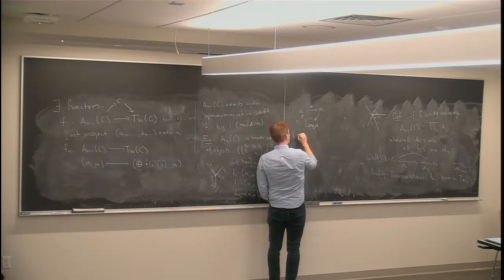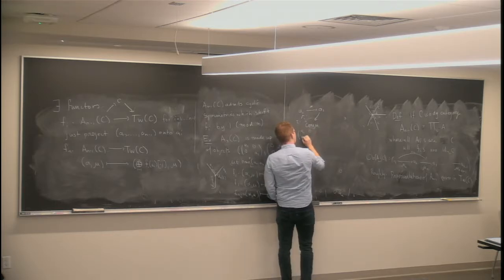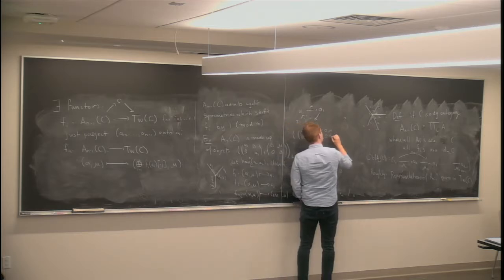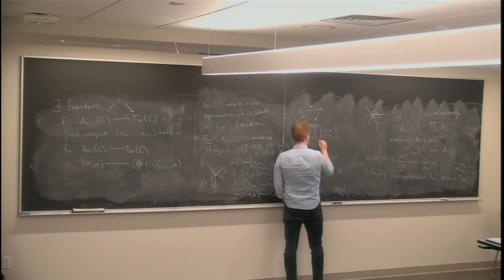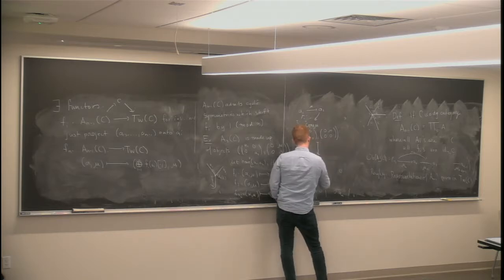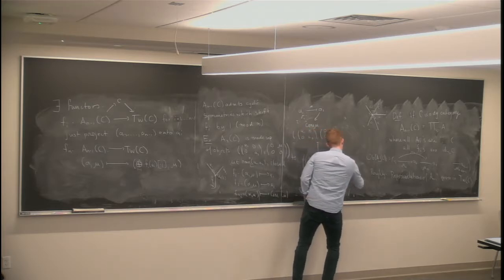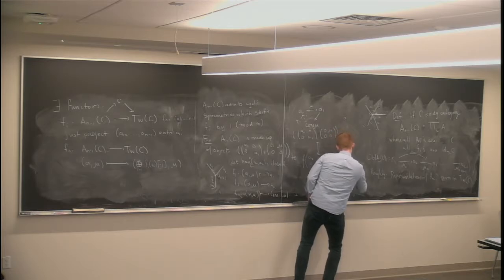So the functor is sending the object with A_1, A_2 and mu to the object with A_2, the cone of mu, and tau.